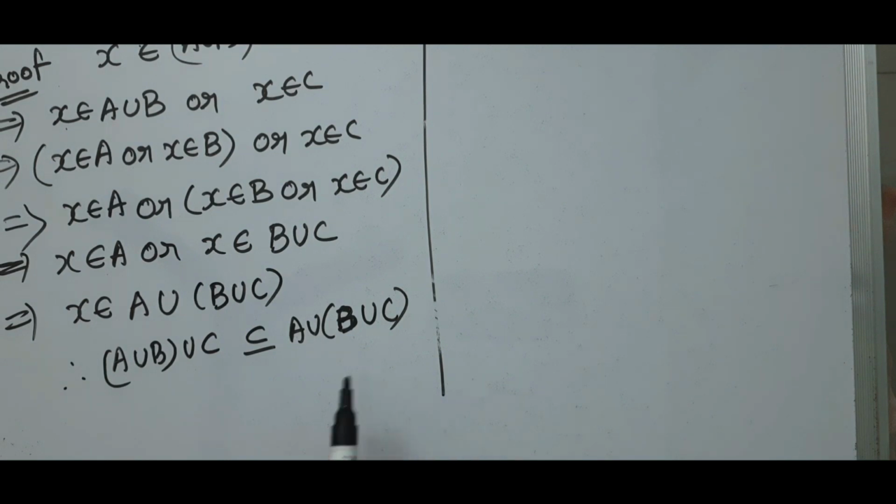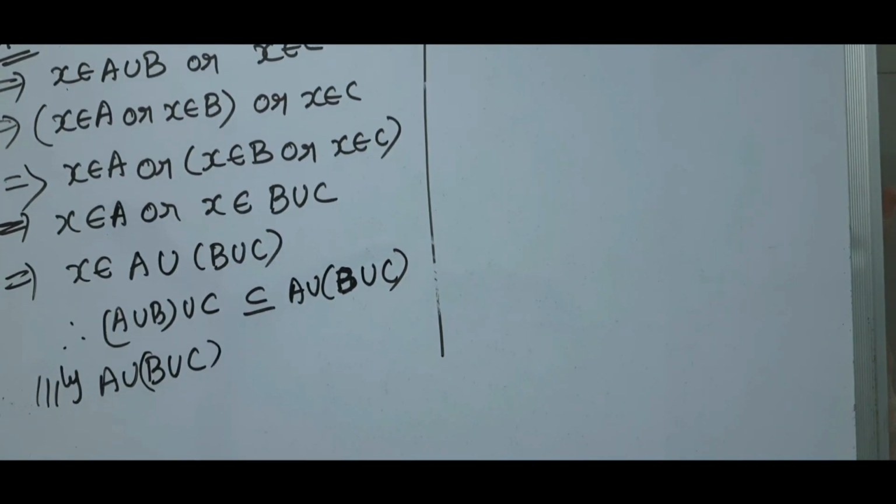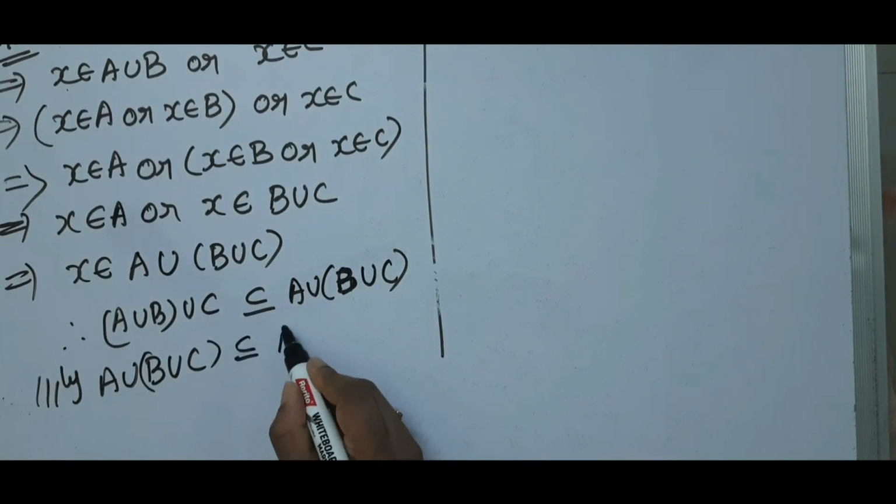If the sets are different, we will take another element and prove it. As the sets are same, it is clearly understandable that A union B union C is subset of A union B union C.